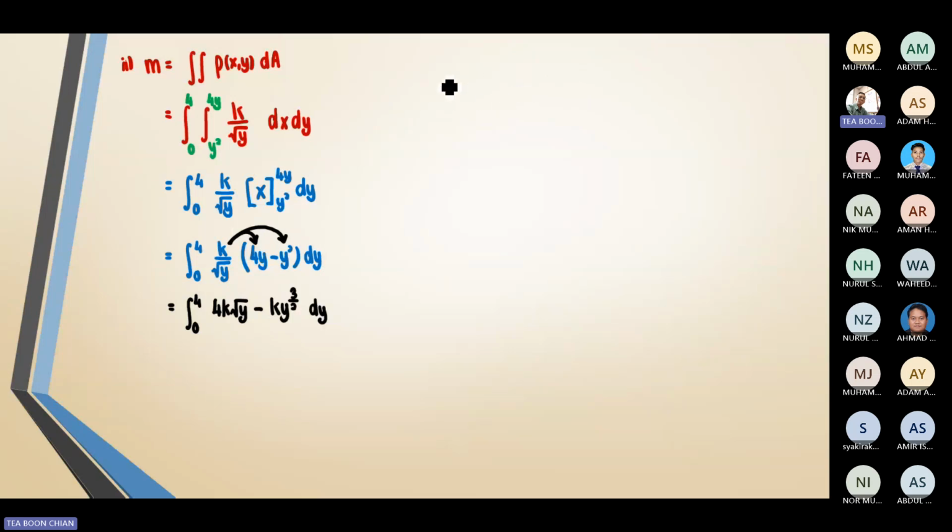This is just y power 2 divided by y power 1 over 2. The base y is the same, so subtract the indices. 2 subtract 1 over 2 is actually 3 over 2. That's why you have y power 3 over 2 here. Remember, if you have the same common variable, expand them and simplify the power before you integrate further.